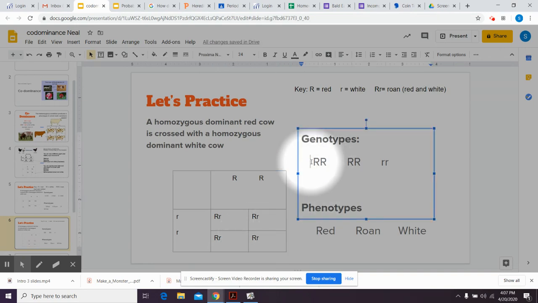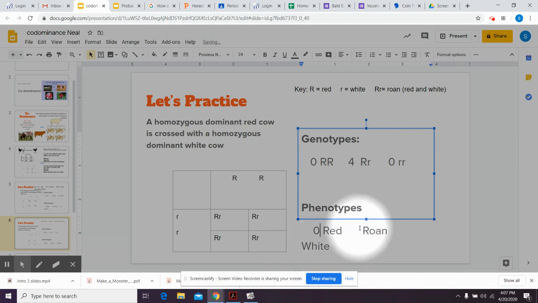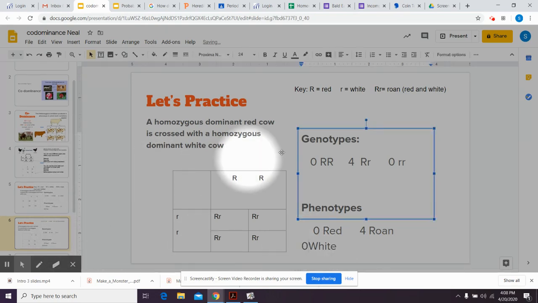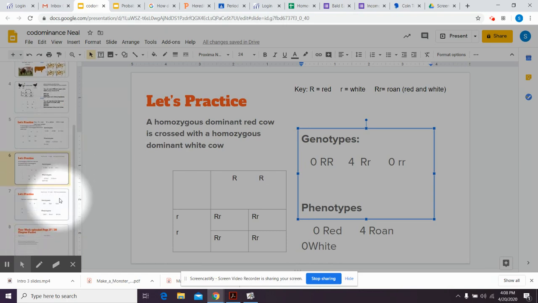Here, I could tally my results, 0 capital R, 4 capital R lowercase r, and then 0 lowercase r. In terms of red, I'll have 0, roan, I'll have the 4, and white would be 0. That was doing the same problem, just two different ways of expressing that.